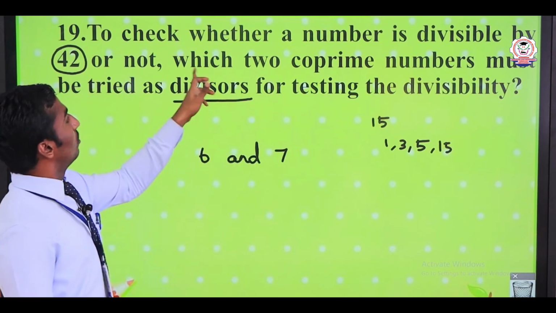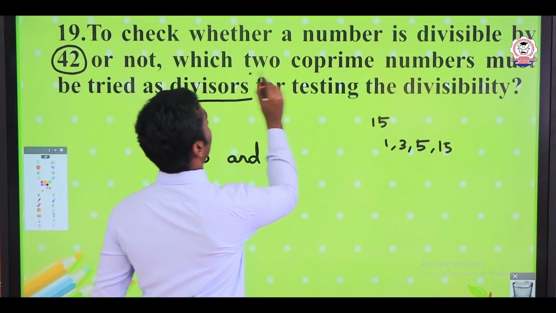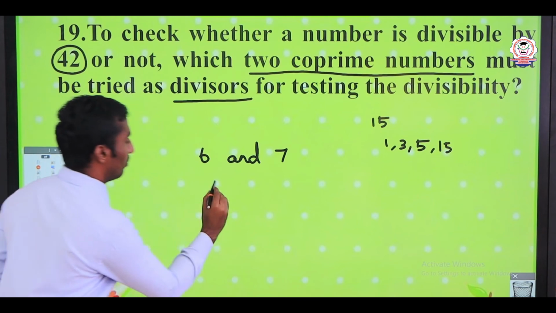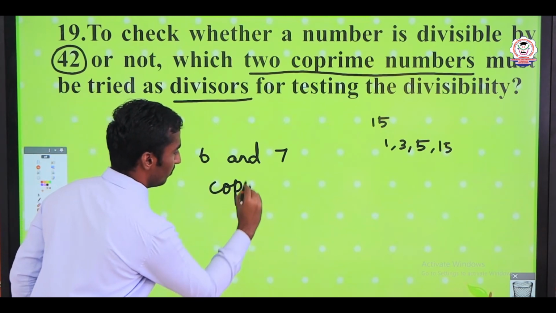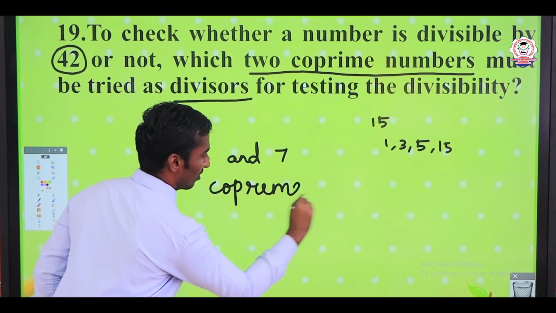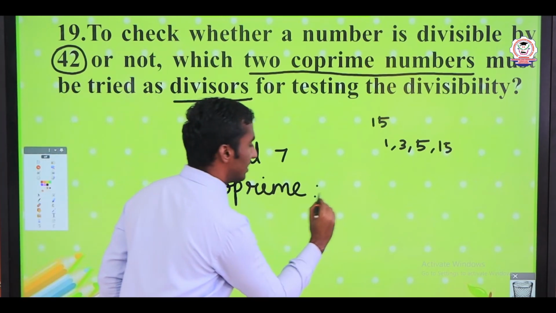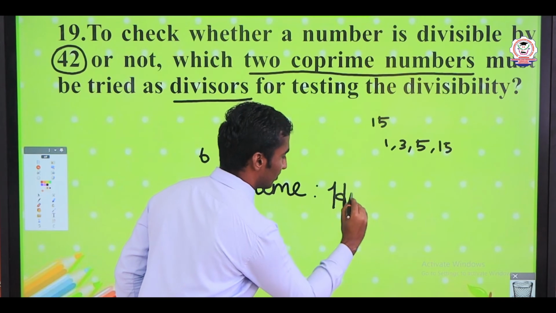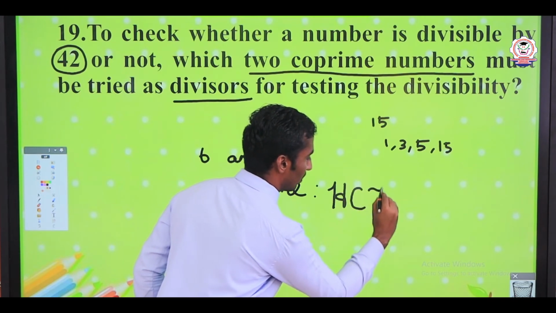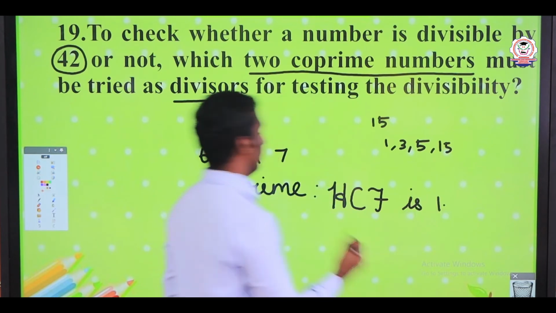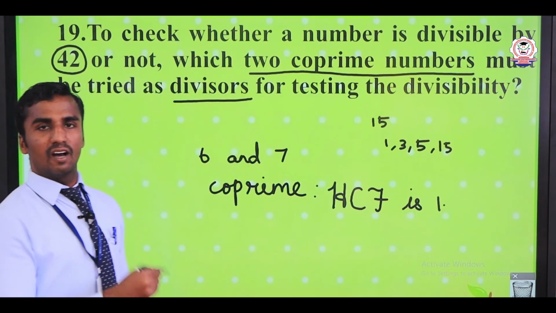Next, which two co-prime numbers? Co-prime means their HCF is 1. We already know HCF means highest common factor.